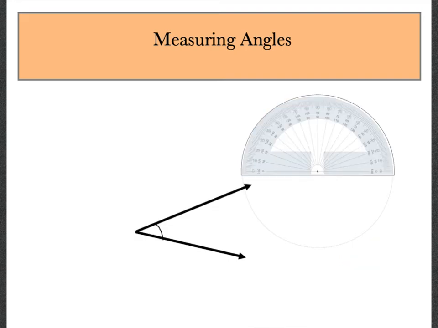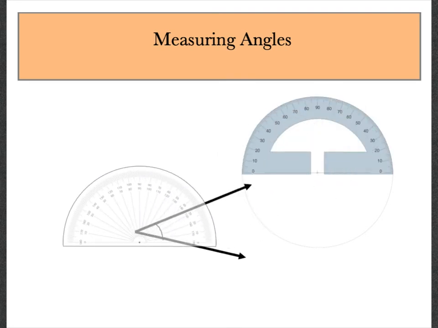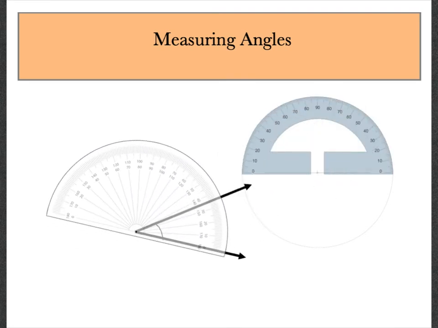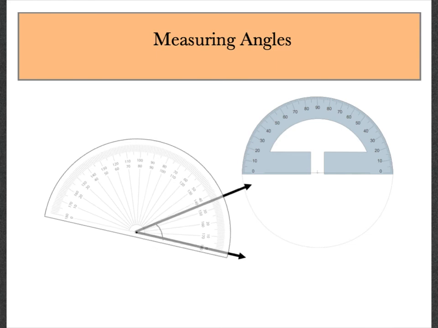All right, here we go. Here's an acute angle. Oh dear, I have to change my tool. Here we go. Here's an acute angle. So again, we're going to line up our vertex, get our 0 on the arm. Now, let's see here. We have 0, 10, 20, 30. So we're going to use the top numbers. And my arm goes right about there, which is right about at the 135 mark.